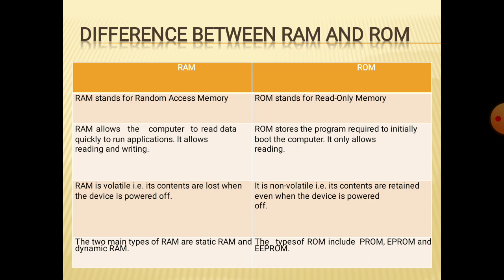In RAM, the data, instruction or program is entered by the user whenever needed, and in ROM, the data is entered by the manufacturer at the time of manufacturing or designing the ROM. For that reason, ROM will not allow you to do any editing, deleting or processing. It will only allow you to read the content which is there in your ROM.